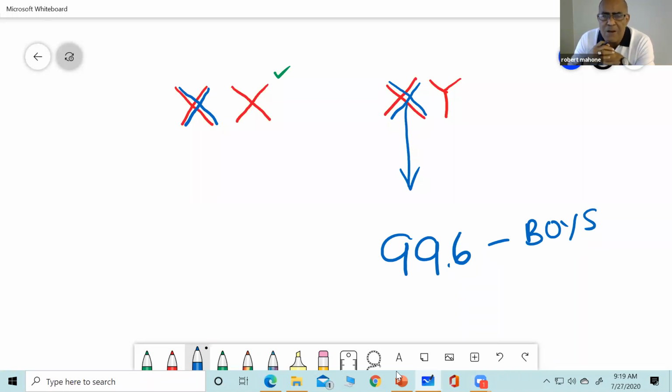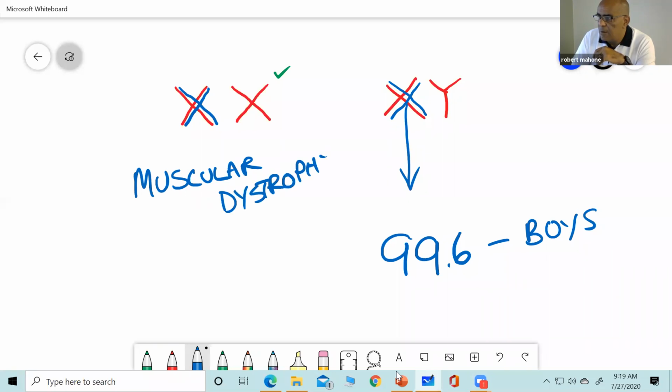So it is very, very rare for an X-linked trait to happen in a girl. What are X-linked traits? Muscular dystrophy. Y'all remember the muscular dystrophy video we saw last module? They were all boys.